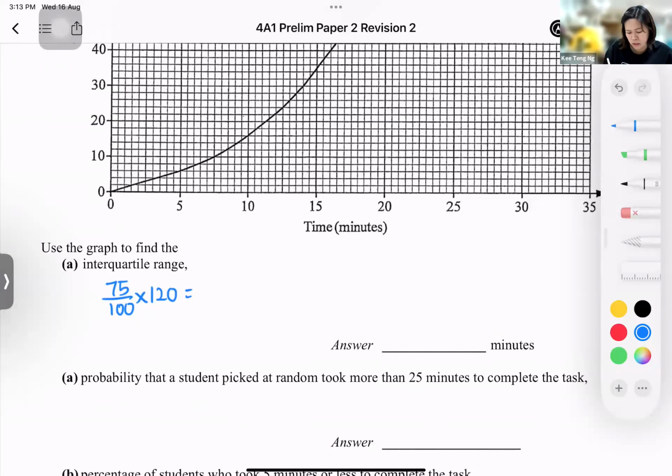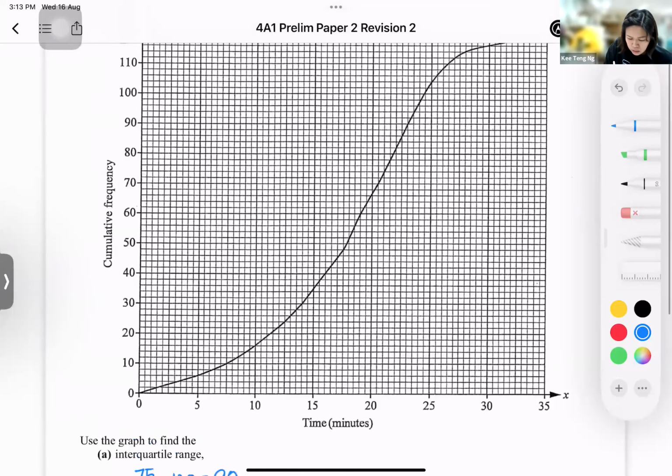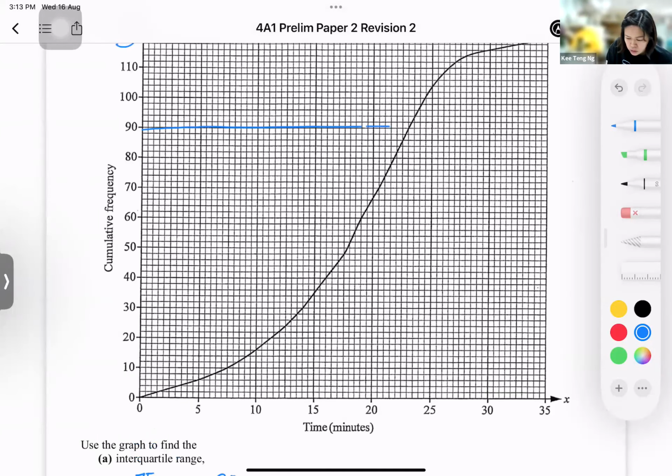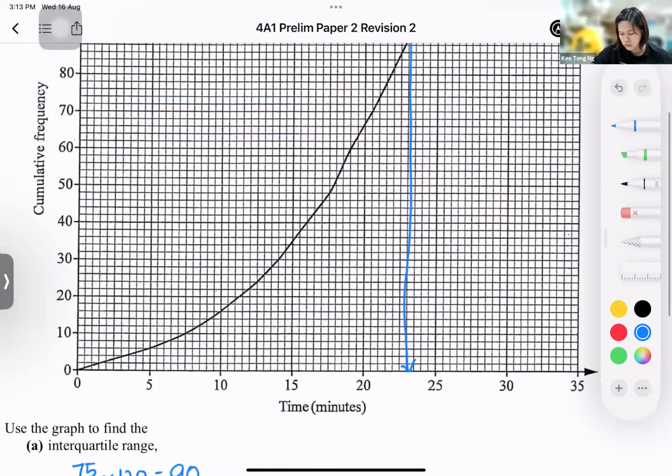You can do 3/4, which also gives 90. But is 90 the number? Not the number. I need to read the graph and find the number over here. How do you count the number of units?